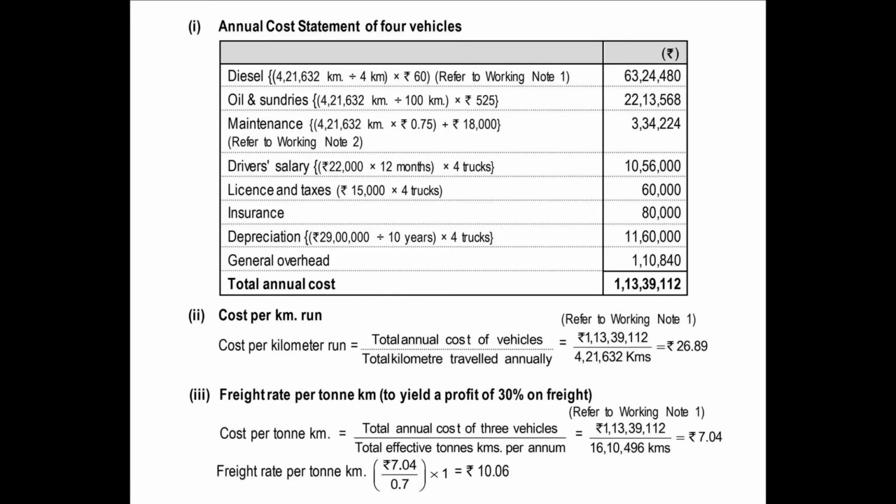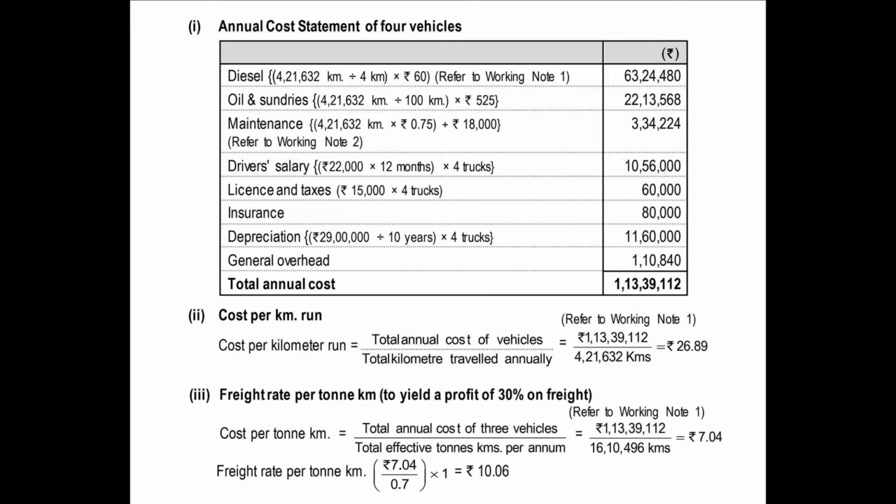Then the total number of kilometers is 4,21,632. Each liter gives 4 kilometers. That means if we fill 1 liter, the distance traveled will be 4 kilometers. So divide 4,21,632 kilometers by 4 kilometers, and you will get 1,05,408 liters.